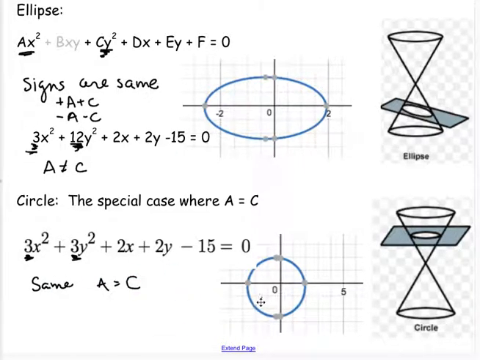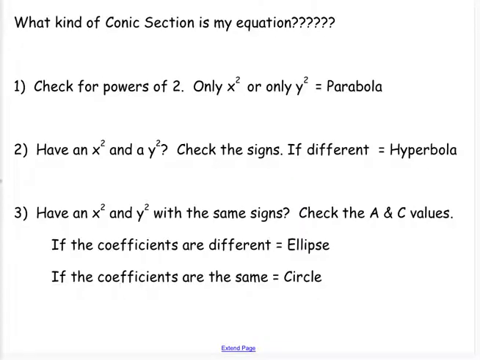That should be enough to identify, just by looking at an equation, what type of conic section I am dealing with. Just to recap really quickly: if we are trying to figure out what kind of conic section my equation is, step one, check for powers of 2. If there's only an x squared or a y squared and not both together, then you're dealing with a parabola.